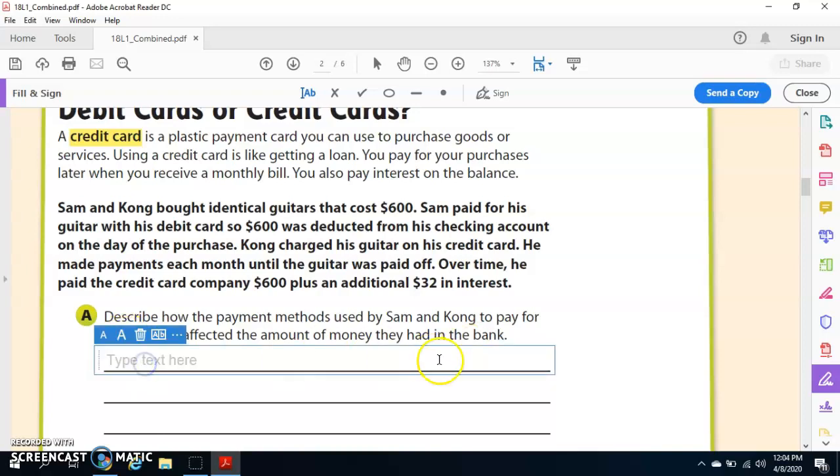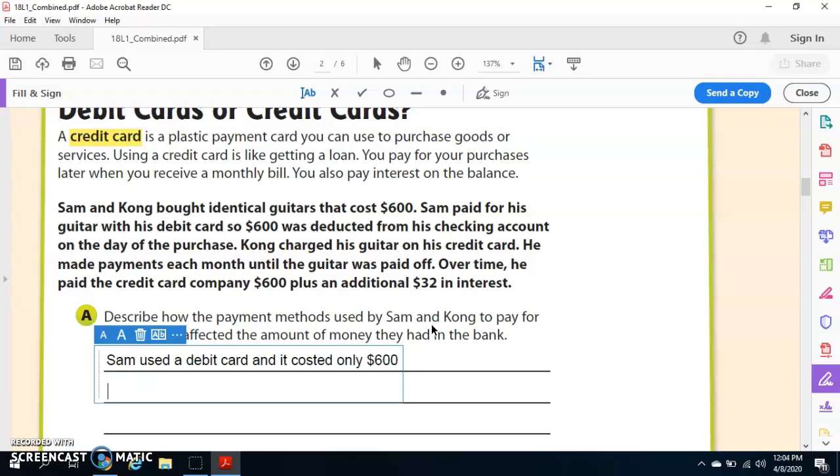So here, Sam used a debit card and it cost only $600.